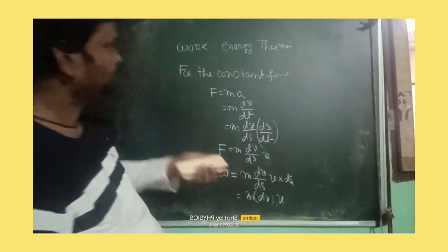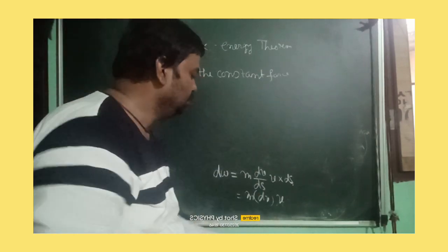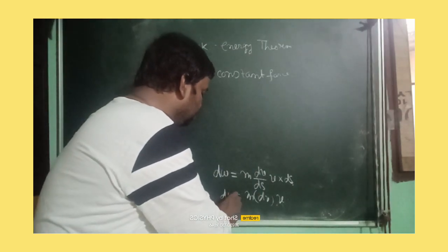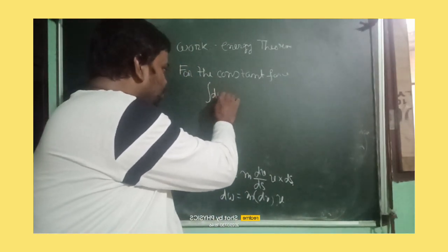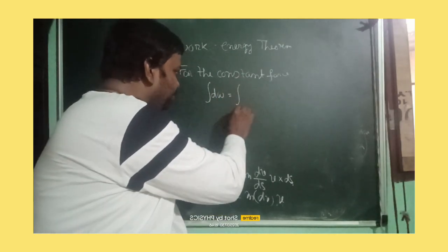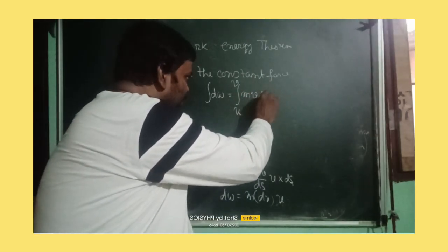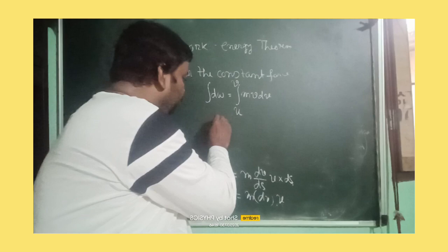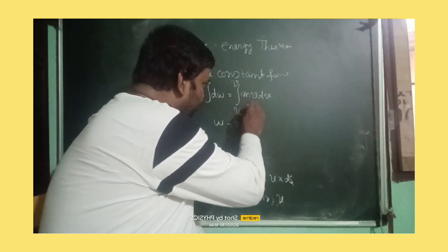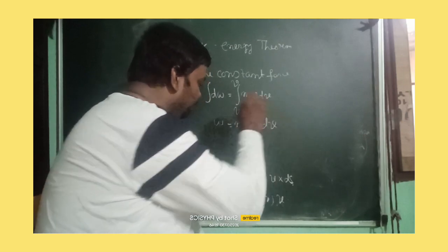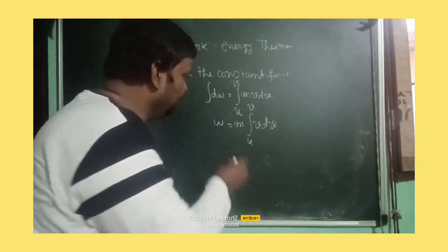Now, to have the work done, integrating both sides, the integration of dW is the integration from the initial velocity to the final velocity of m into v into dV. Now the work done, W is equal to m into integral from u to v of v dV.